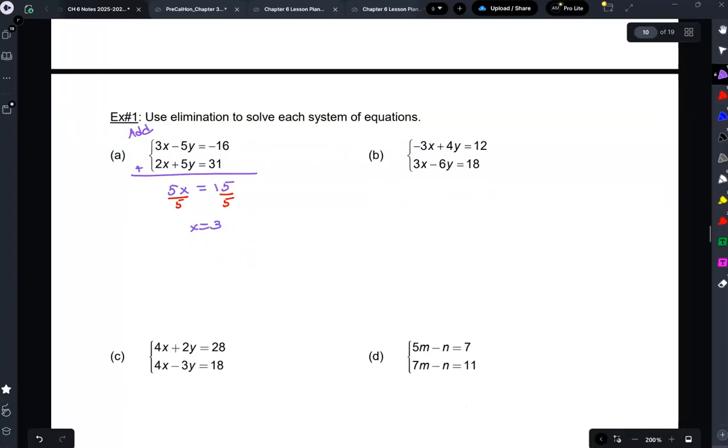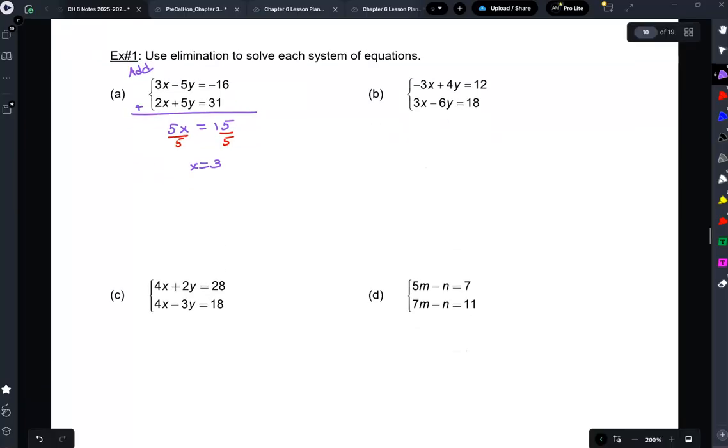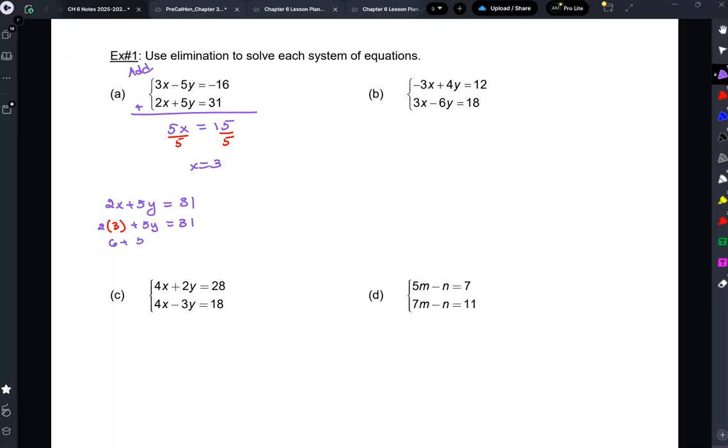And then x is 3. And then, okay, for y, I'm going to pick one of the equations. You know what? We have been always using the first one. Let's do the second one this time because we can. So 2x plus 5y is equal to 31. Substitute 2 times x is 3, plus 5y equals 31. 6 plus 5y equals 31.